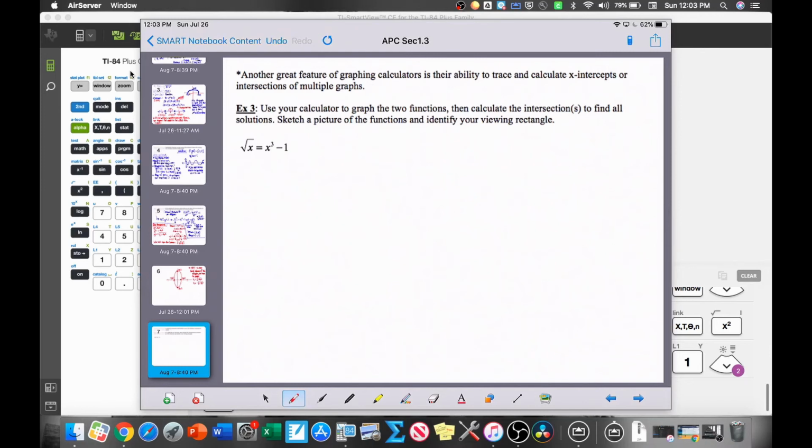All right, so first of all, we are going to do method number 1. I'm going to show you 2 ways to do this problem. And method number 1, the idea here is that both of these, the square root of x and x cubed minus 1, are functions that we know how to graph.